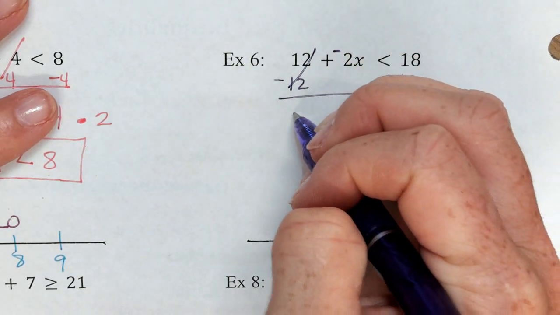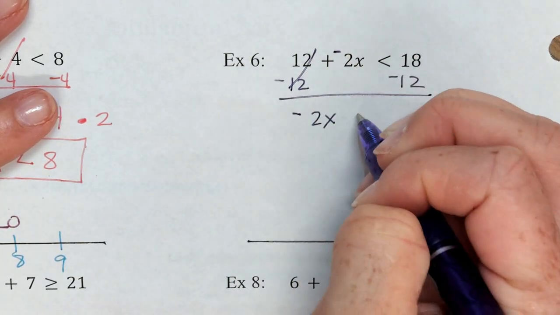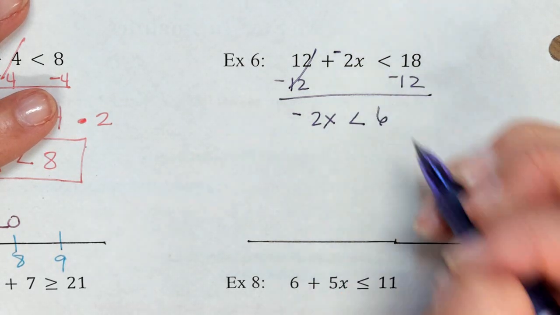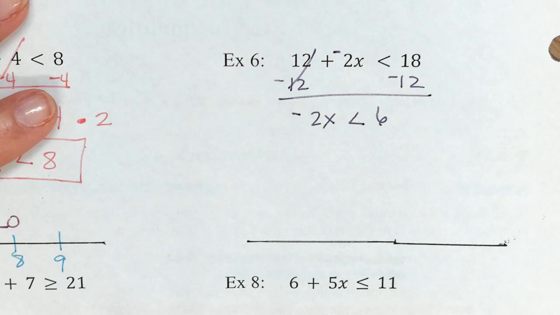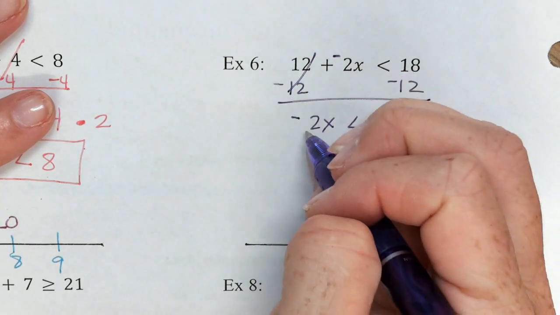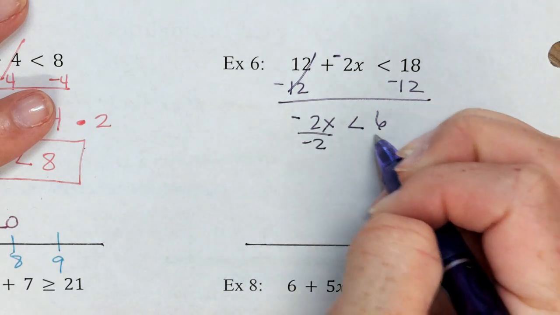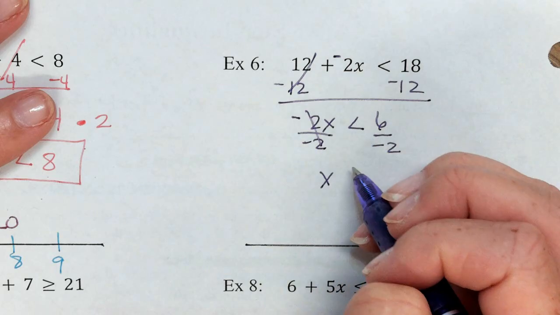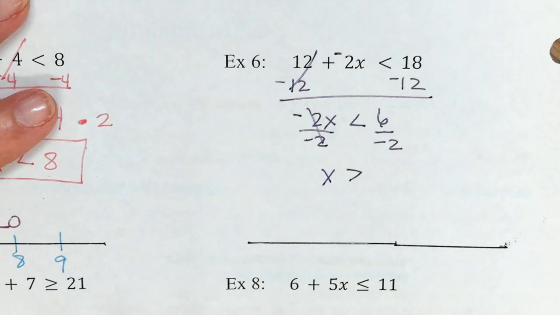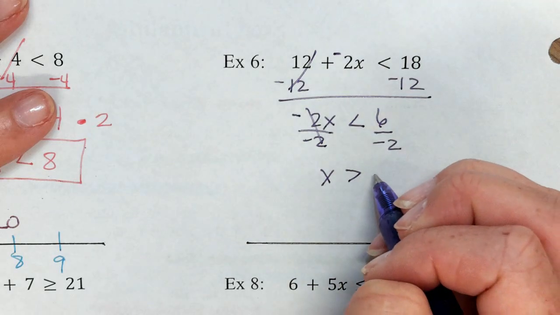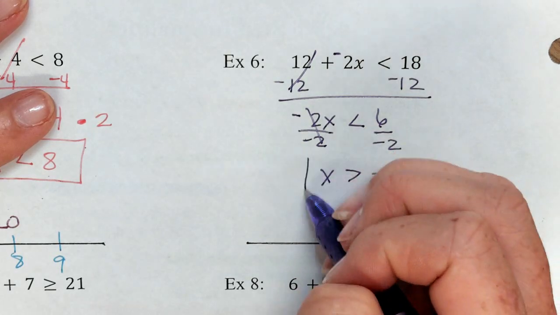I am left with negative 2x is less than, and 18 minus 12 is 6. To get rid of the coefficient, I'm going to divide by negative 2. That means my sign is going to reverse. It's going to flip. And 6 divided by negative 2 is negative 3.